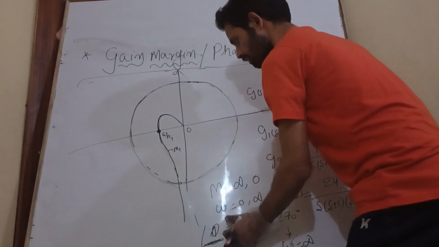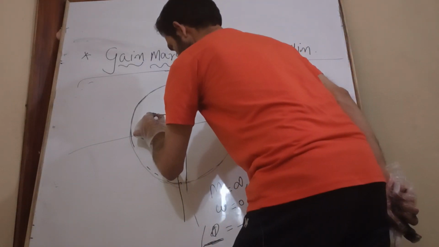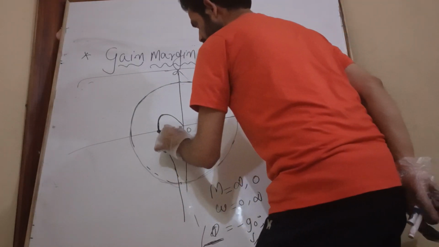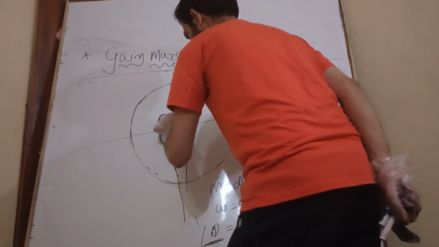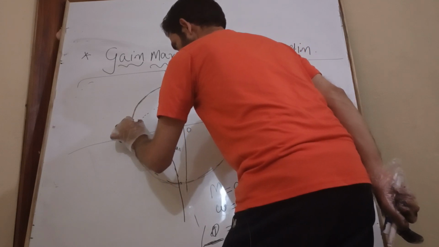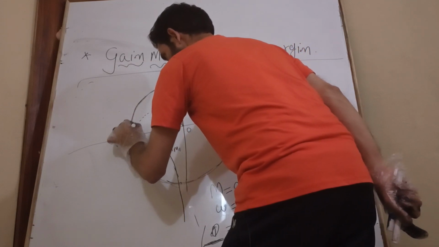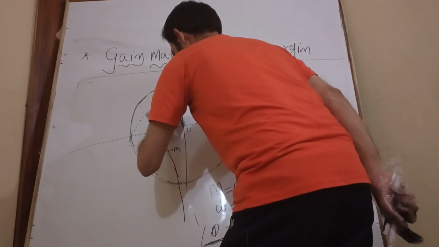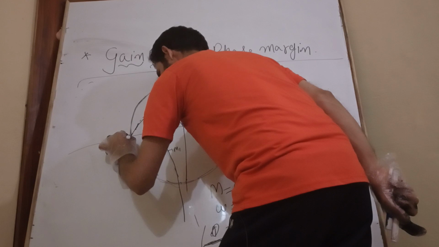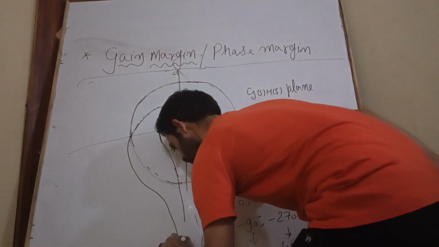This we have drawn for system 1, G1(s), and for the second system we are going to draw this. It will come like this, pass exactly through this unit circle, and become like this.